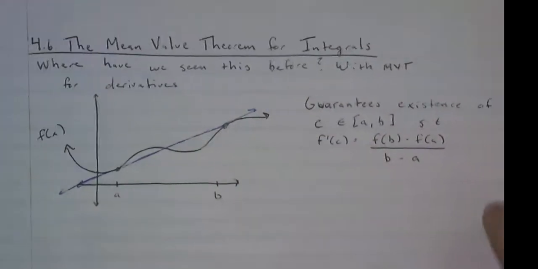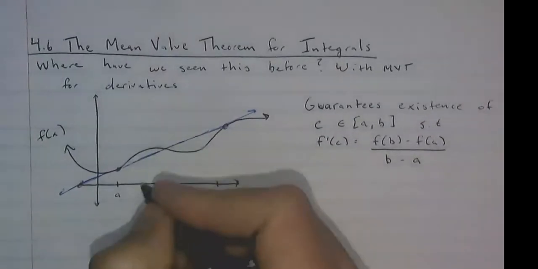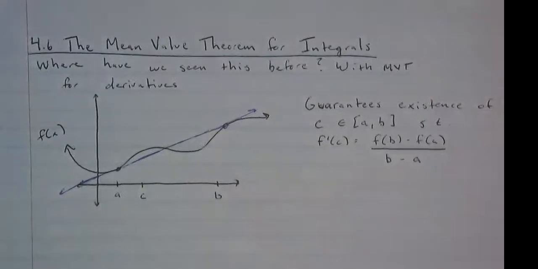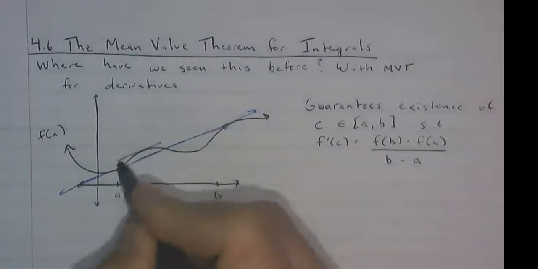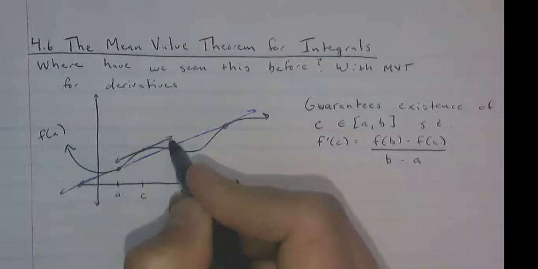It guarantees at least one of them. It looks like we might have 2, but we would just kind of guess it here maybe, because the derivative at C is, of course, the slope of the tangent line at that point. And we can see that there seems to be a parallel tangent line at this point C.